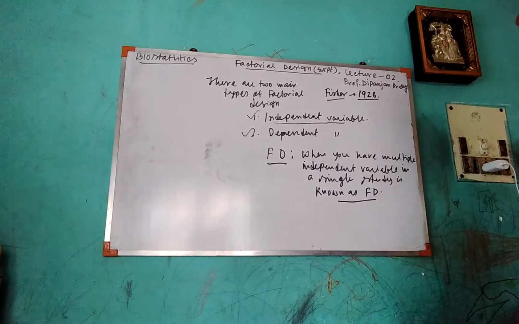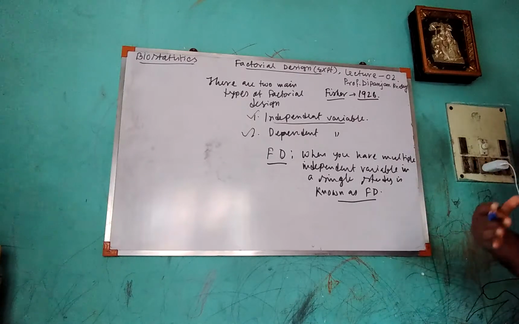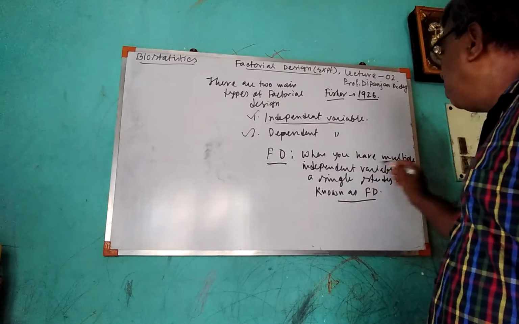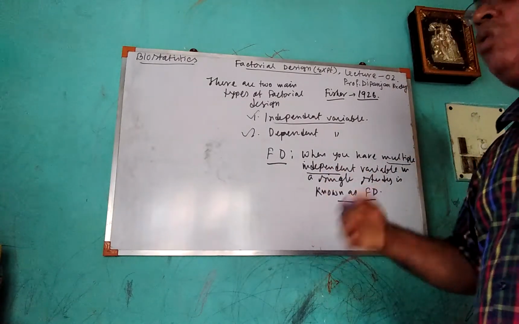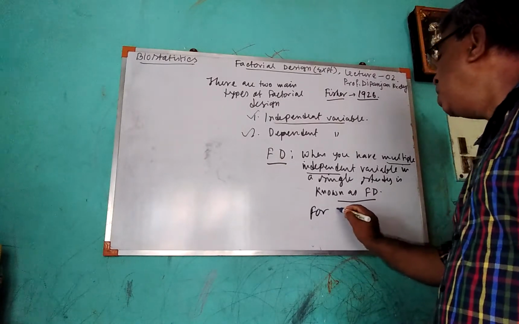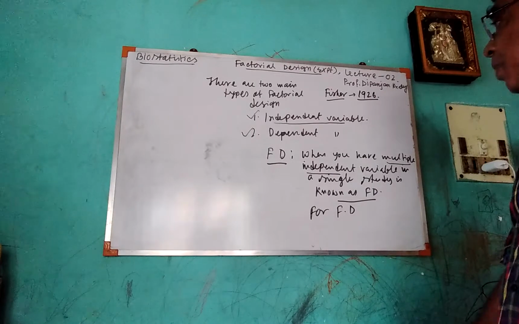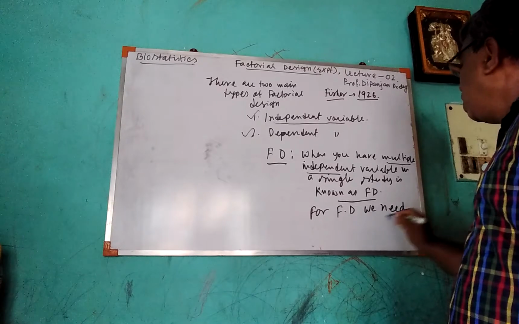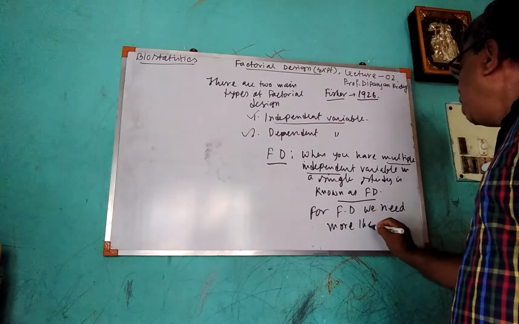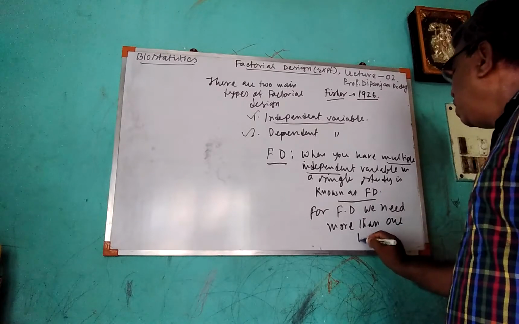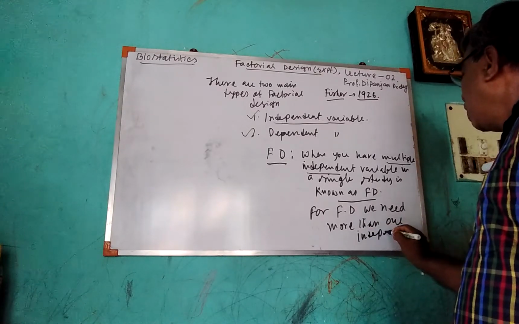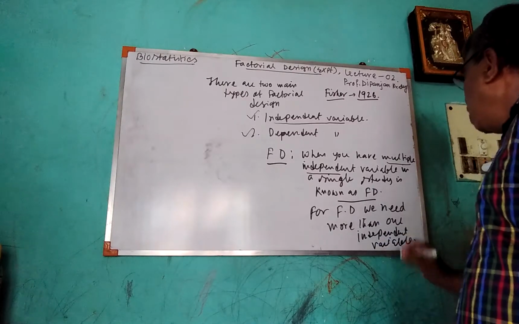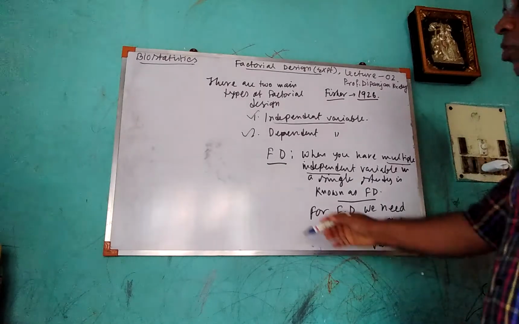That is, in factorial design, there will be multiple independent variables. That means more than one. For factorial design, we need more than one independent variable.